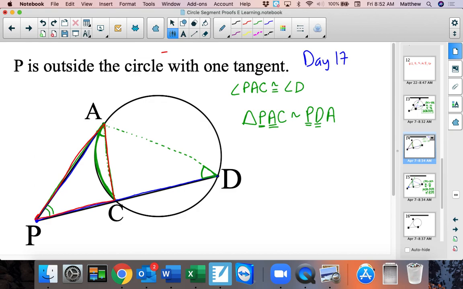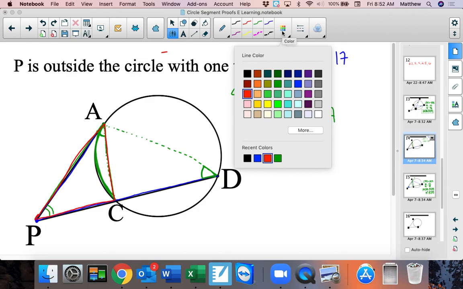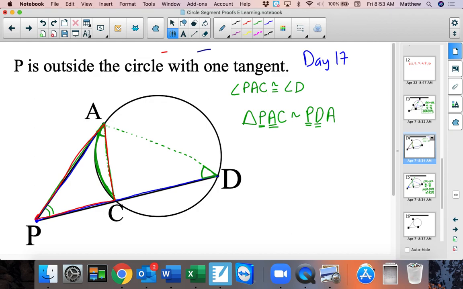And then it's similar to, do I even have any other colors? Not really. Let's try purple. We've got P going to D, so P to D to A. So they're clearly not the same size, but they are similar. Okay, so I'm going to go back to blue.